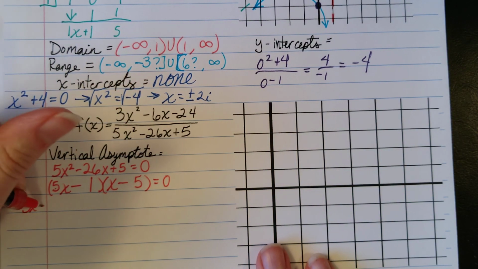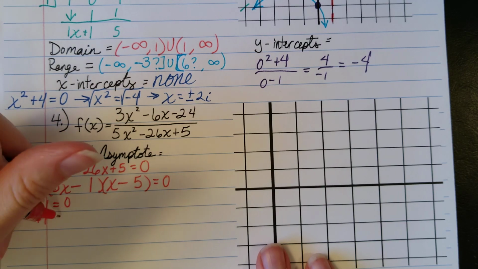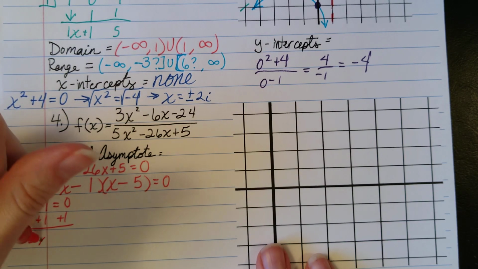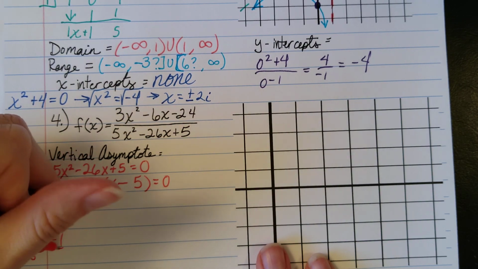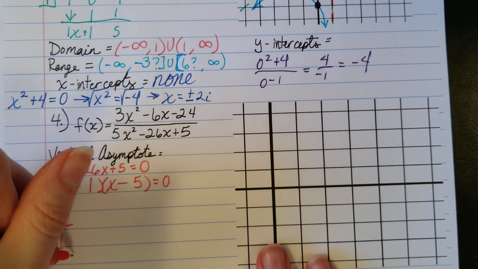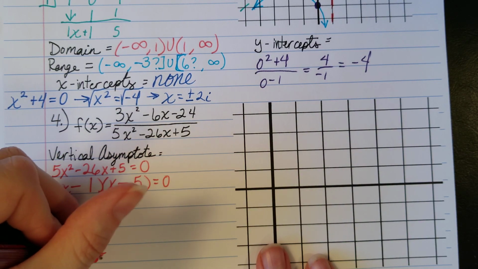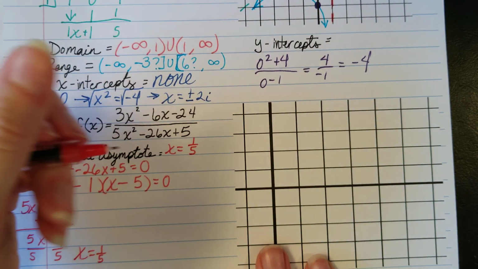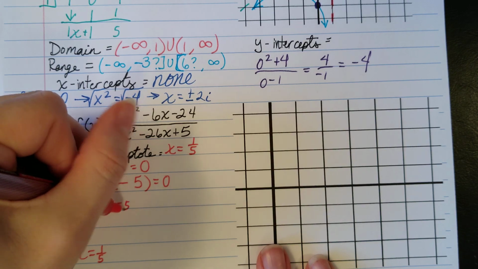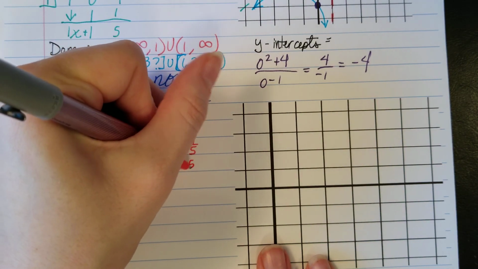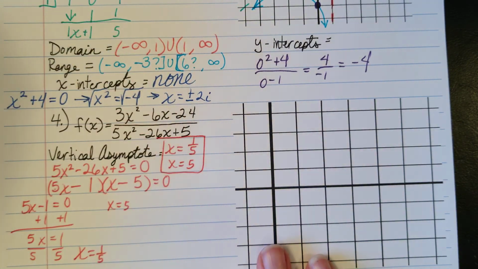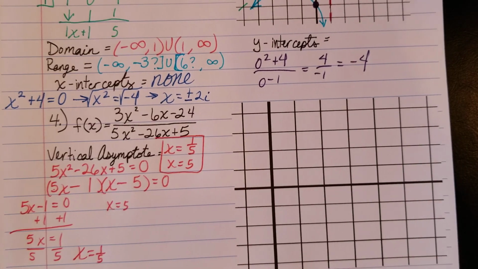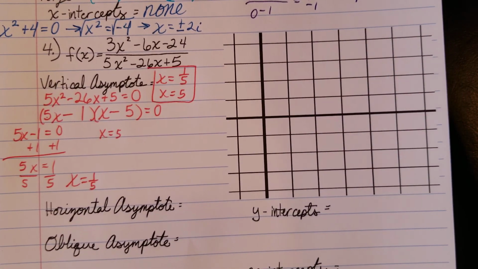So 5x minus 1 equals 0. And then solve that for x. So that's going to give me 1/5. And then x equals 5. So those are my two vertical asymptotes in this case. Okay. And then for horizontal, we look at the degree of the numerator and denominator.